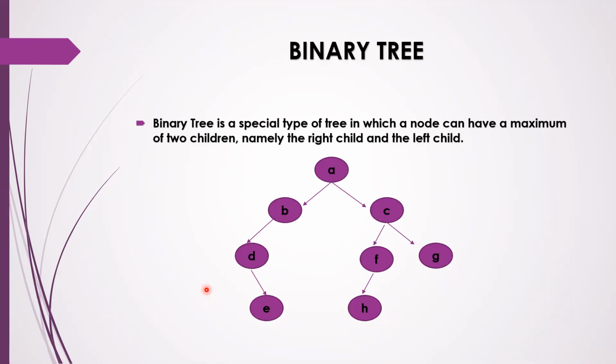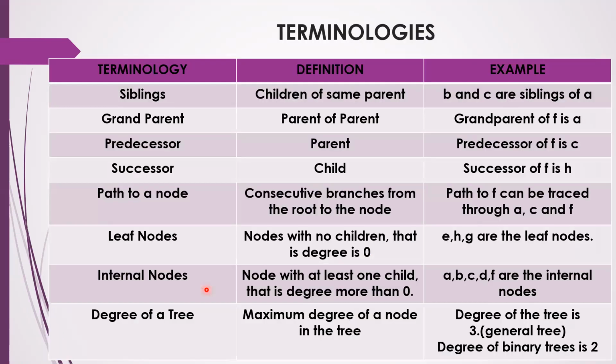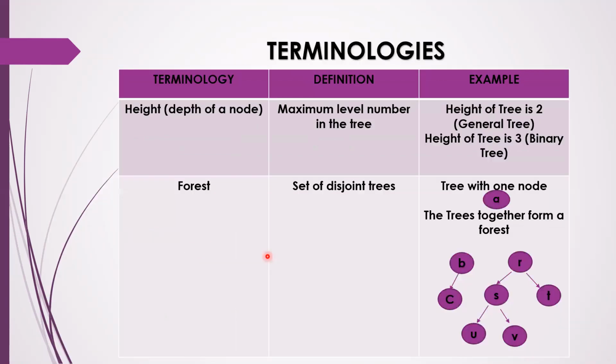You can define a binary tree as either empty or consisting of left and right subtrees, both of which are again binary trees. And here you saw the terminologies like siblings, grandparent, predecessor, successor, path to a node, leaf node, internal node, degree of a tree, height of a tree, and forest.